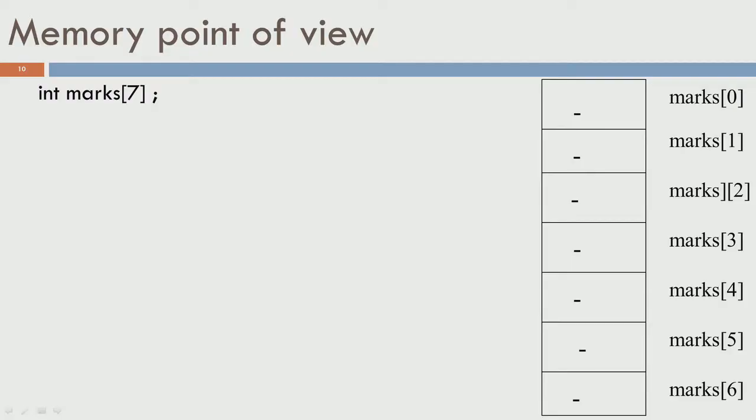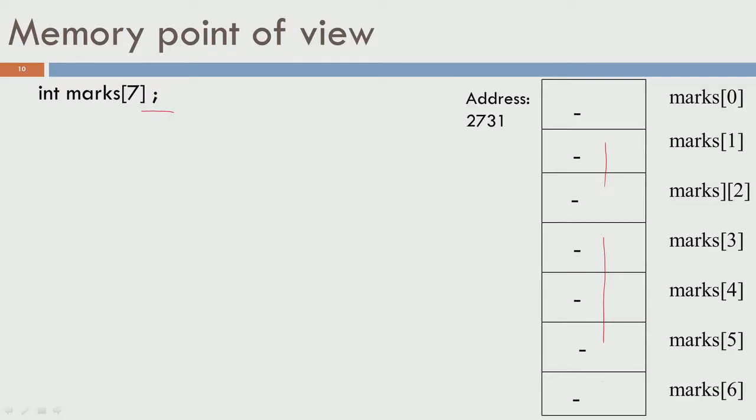As we did earlier, if you do not have any initialization, the values in the array are unknown. You should assume that these values are unknown, and this could get laid out anywhere in the memory just like variables do. The only thing is that these are going to be 7 contiguous locations.